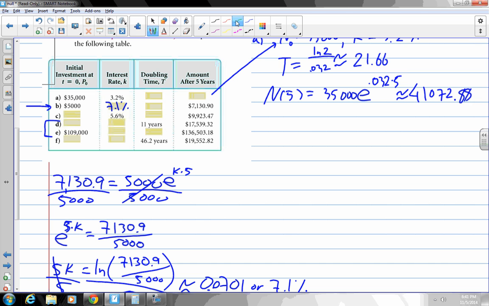Anyone? 6.3, because you can just use the doubling time, you don't need anything else. But then having the interest rate, you can rewind time backwards and figure out what you started with. So what did you start with? Did you guys find that? Are you working on it? The first one on D, the initial amount.